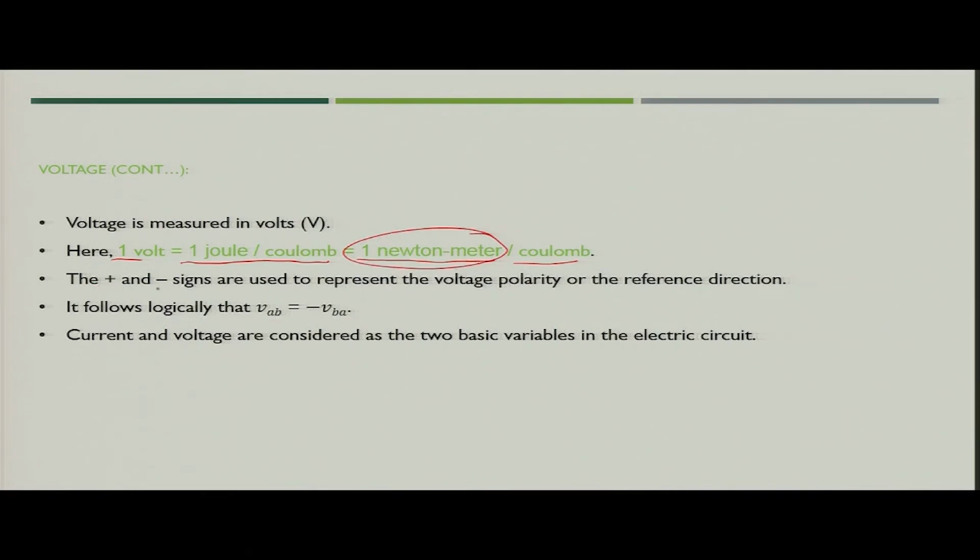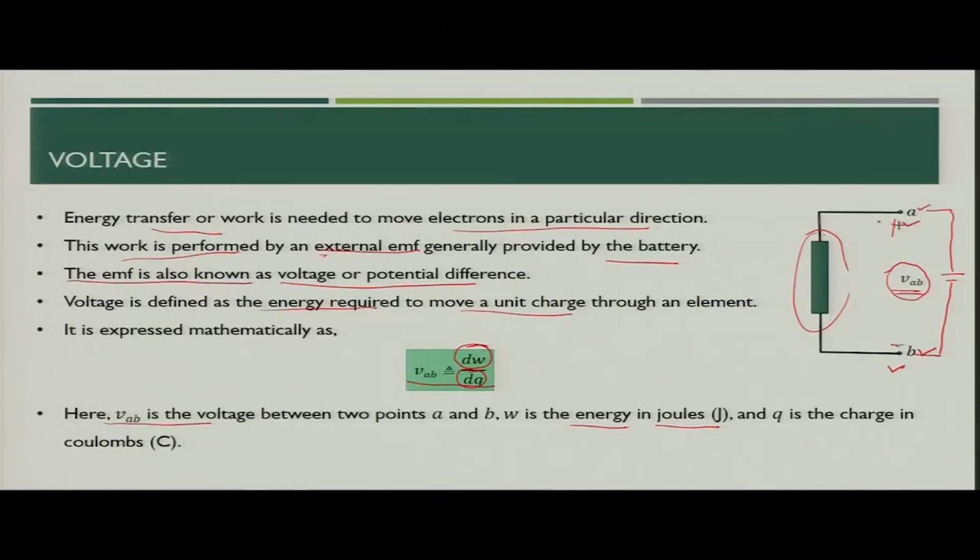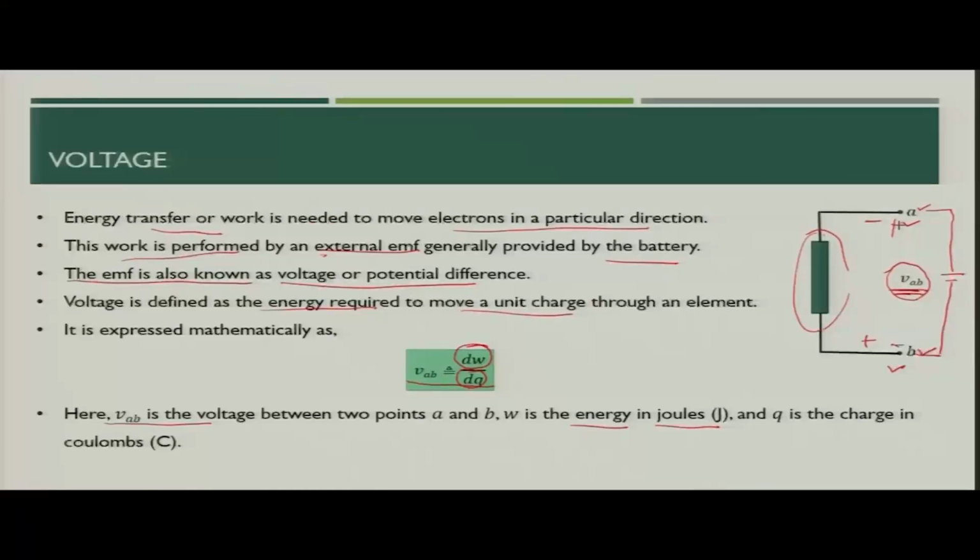Now, the positive and negative signs have their own importance, because when you change the sign you get the opposite of VAB. If you replace in the previous figure plus with minus and minus with plus, VAB will be the opposite of what we have calculated in this case. If you want to represent it in the form of VBA, that is the opposite.